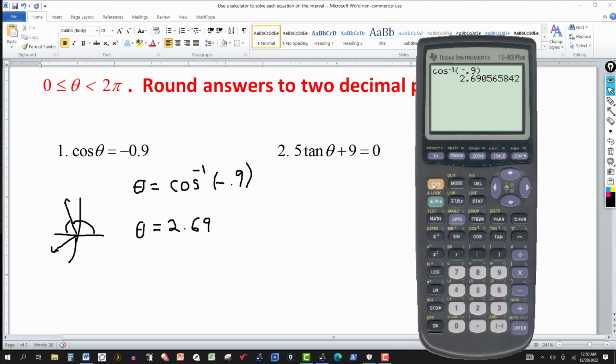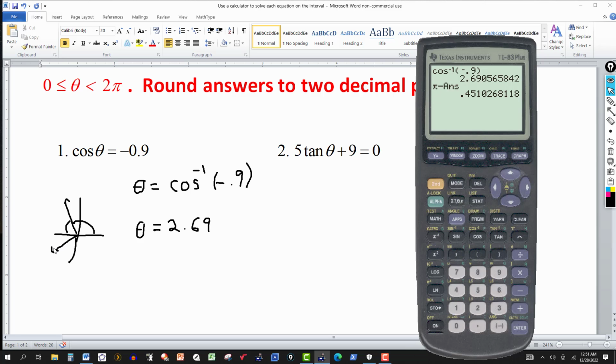So pi minus that number right there, and I get 0.4510 and so on. So this reference angle is 0.4510 and so on, and this angle right here is also that same angle.